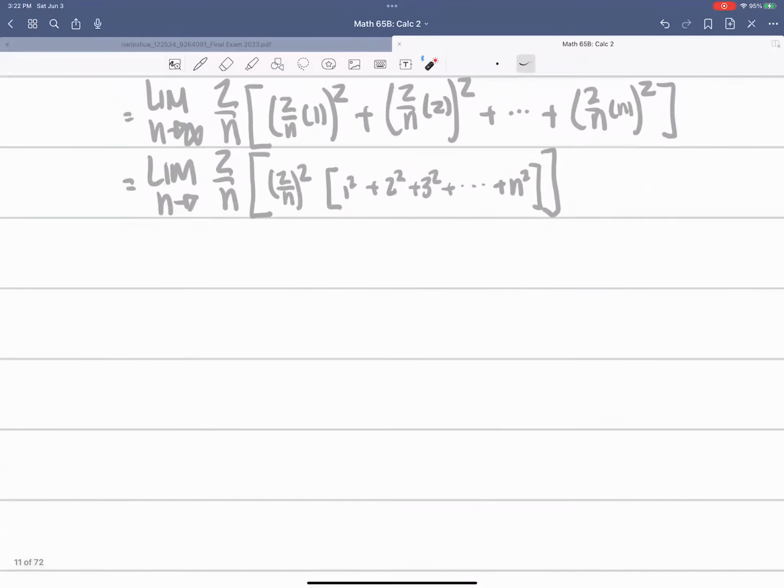So let's clean this up and add that summation in. The limit as n approaches infinity. We factored this out. So 2 squared is 4 times another 2 is 8. 8 over n squared, n cubed.